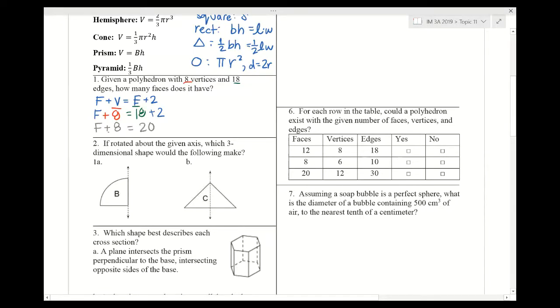To get F by itself, we subtract 8 from both sides, and 20 minus 8 is 12. So F equals 12. There are 12 faces on a polyhedron with 8 vertices and 18 edges.